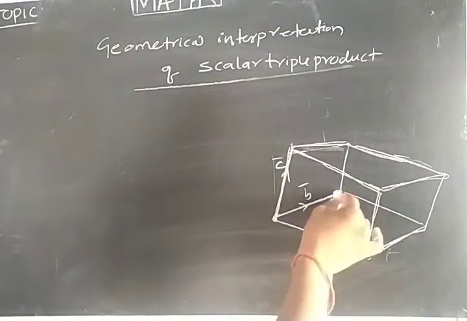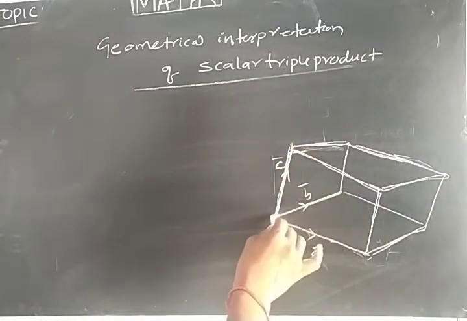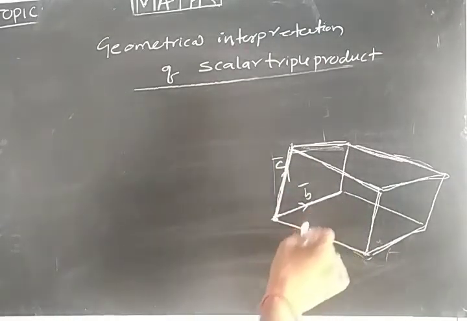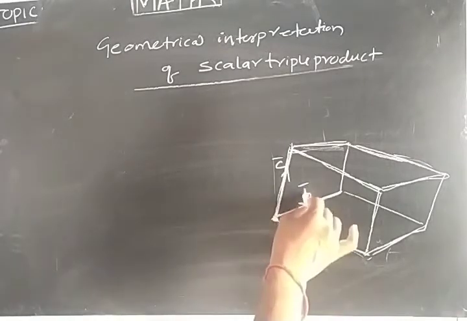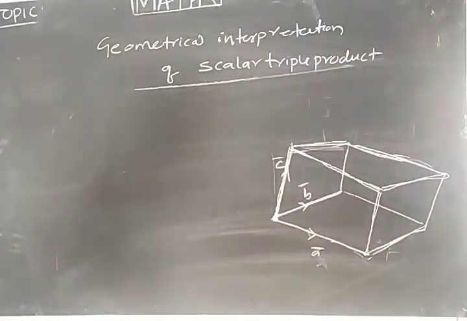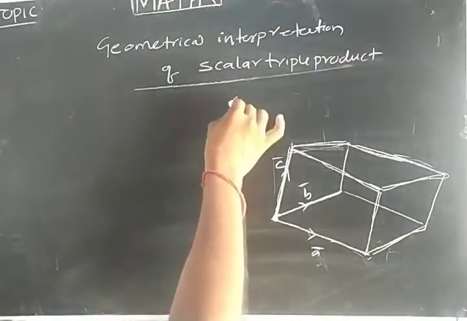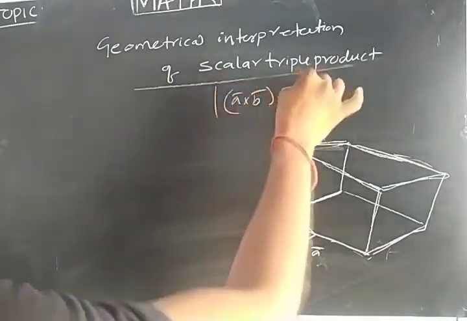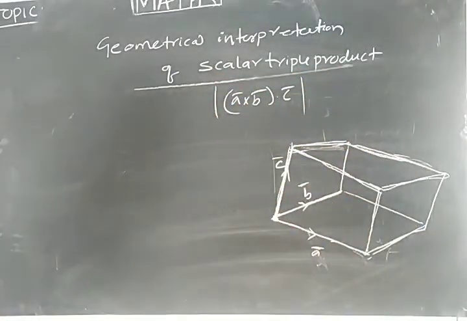These three edges passing through one corner are called coterminous edges, denoted by A bar, B bar and C bar. To get the volume of this parallelepiped, you can use the scalar triple product, the modulus of A bar cross B bar dot C bar.